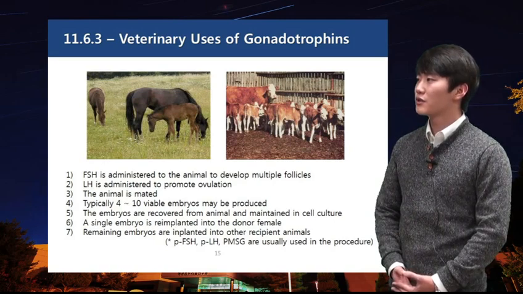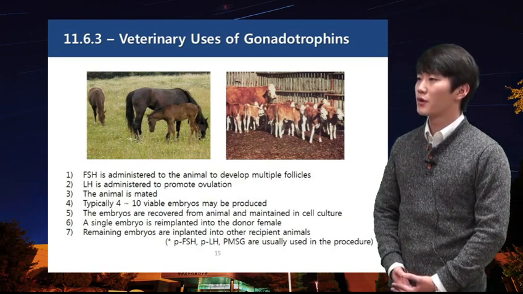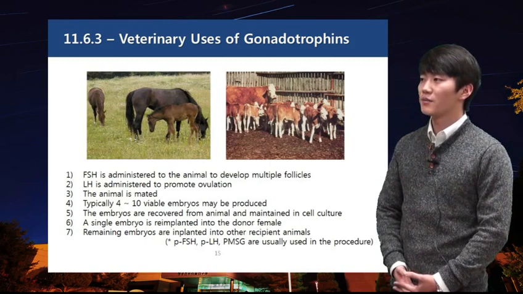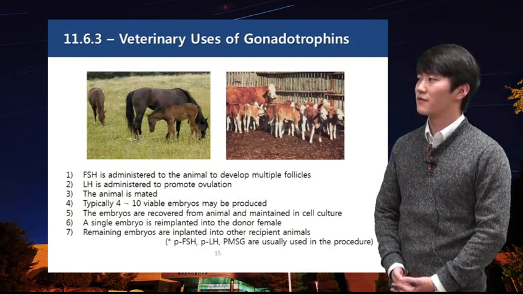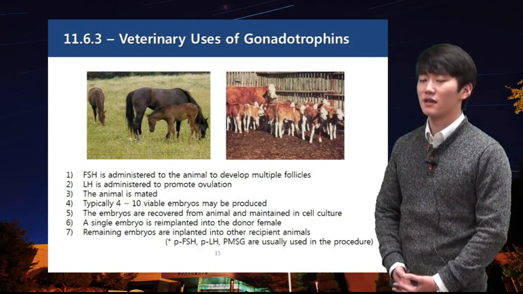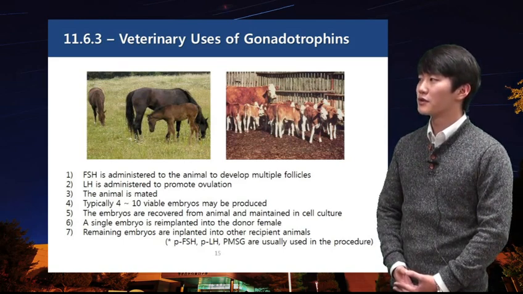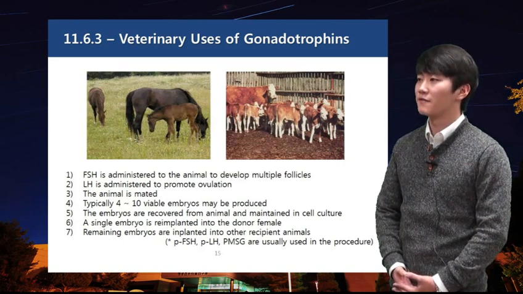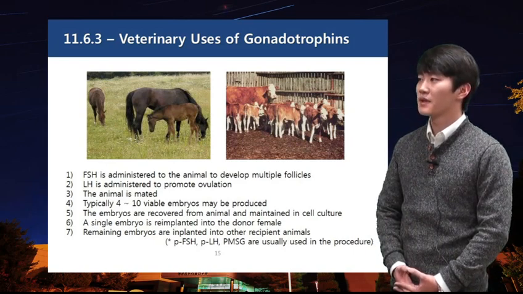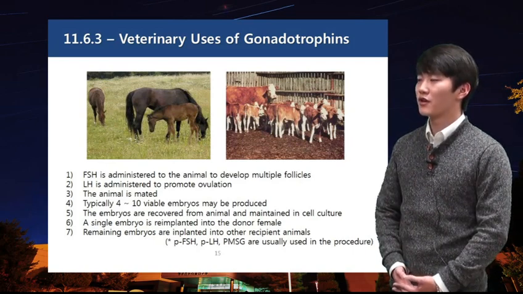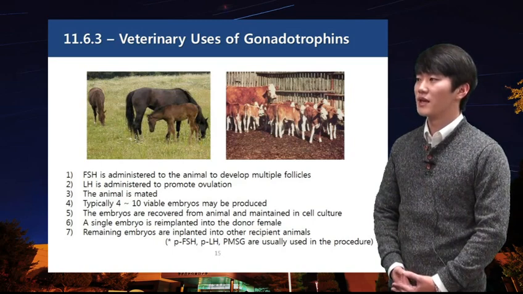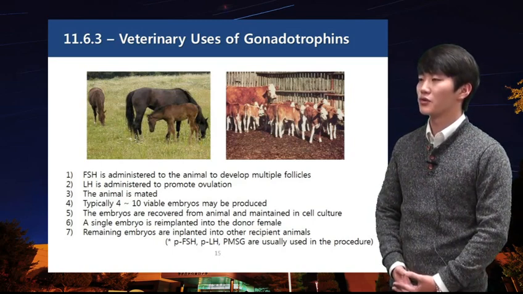After administration of LH to help promote ovulation, the animal is mated to fertilize the released egg cells, and then some viable embryos may be produced, typically from 4 to 10. Then the embryos are recovered from the animal and maintained in cell culture for a short period of time.